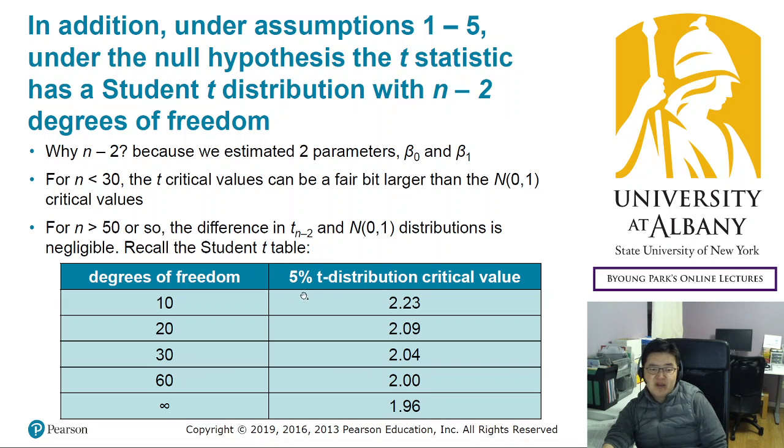Remember this number: 5% implies 1.96, which is the true value in the limit. But if you have a sample size of 60, then it is only 2.00, which is pretty much the same as the limit. Think about this: if you have a sample size of 60, you have this much approximation error.